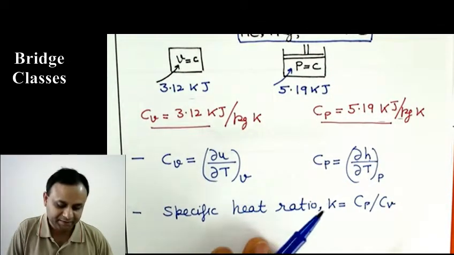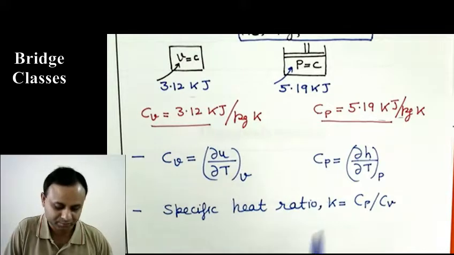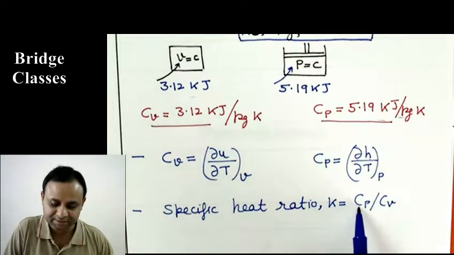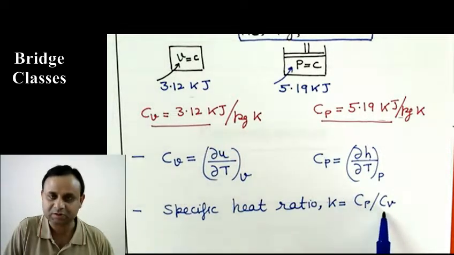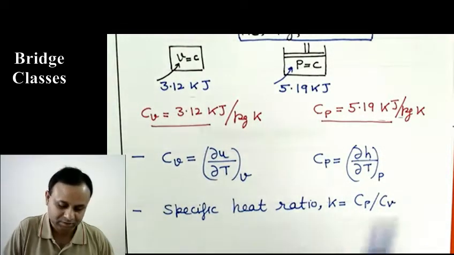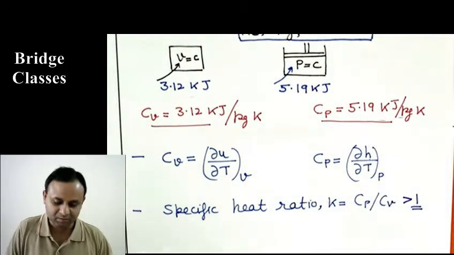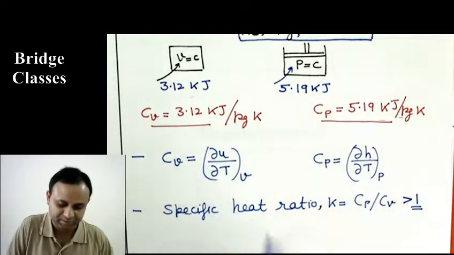And we also define the specific heat ratio. I have used the symbol k for that. Some books use the symbol gamma for that. So this is defined as the ratio of Cp to Cv, and this is always going to be greater than 1. Okay, because Cp is greater than Cv. So let us derive these expressions.